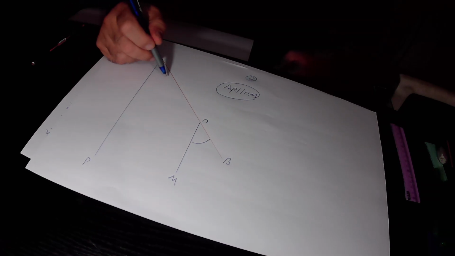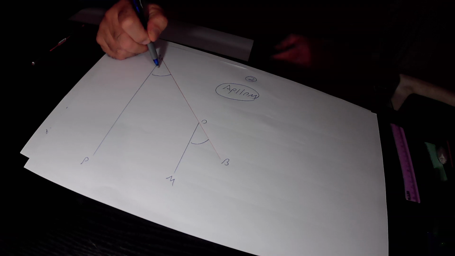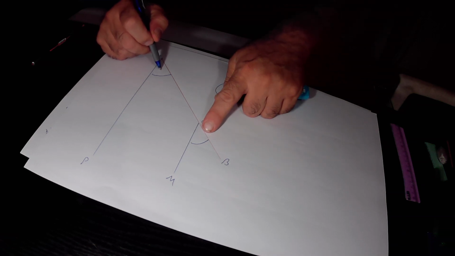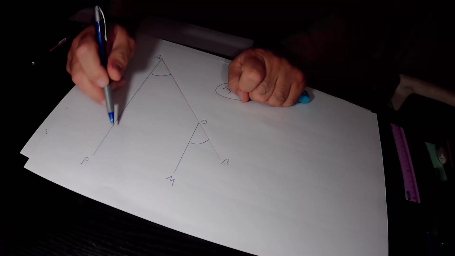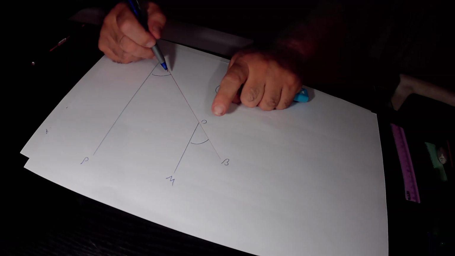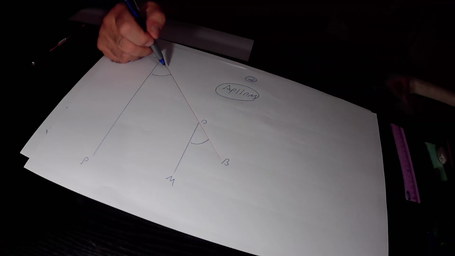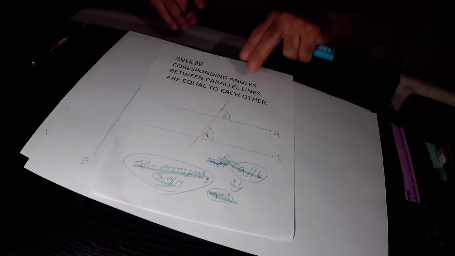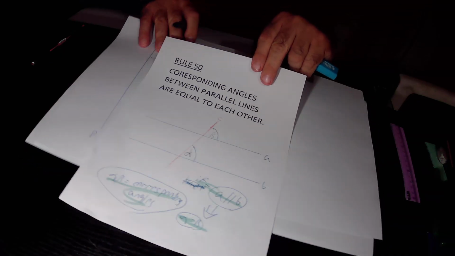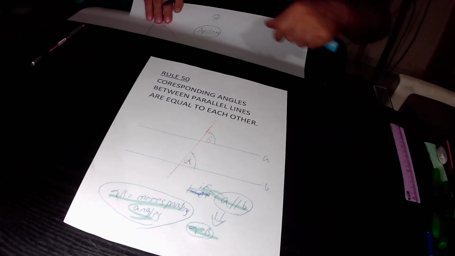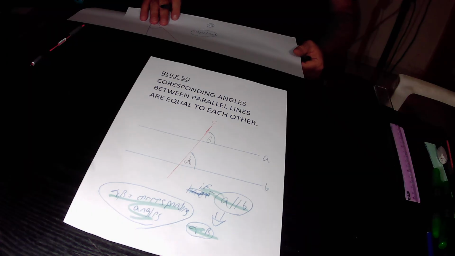Those two angles are defined as corresponding angles, and they are located between the parallel lines AP and OM, and therefore they are equal to each other in their sizes, according to Rule 50. According to Rule 50, corresponding angles between parallel lines are equal to each other.